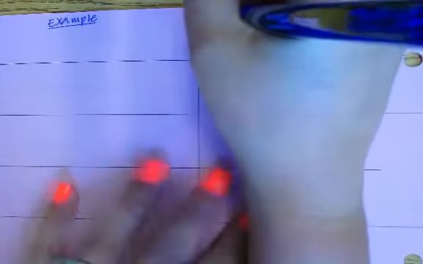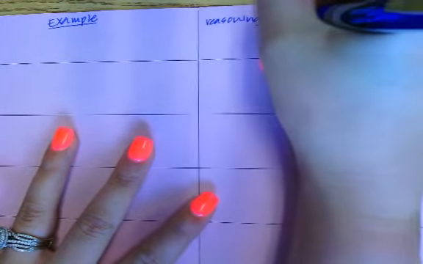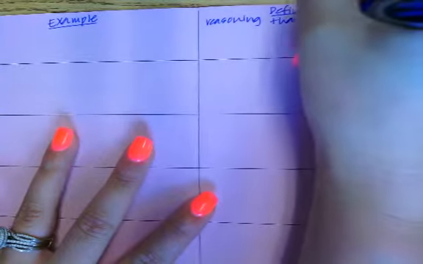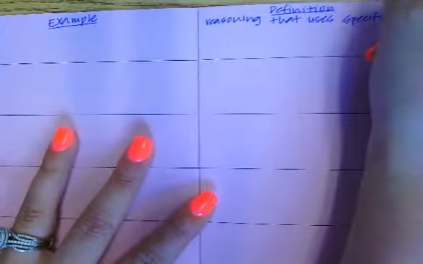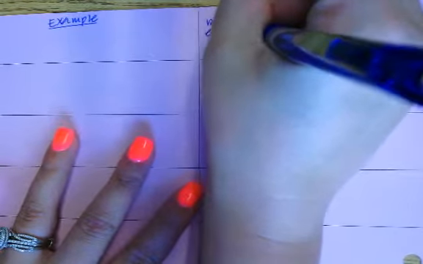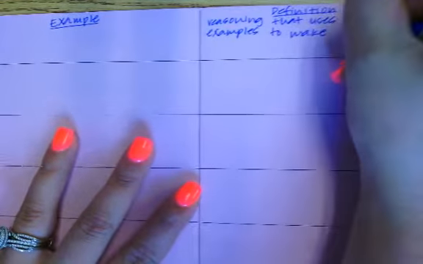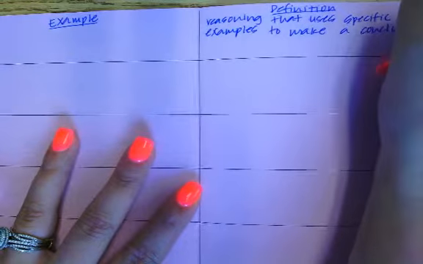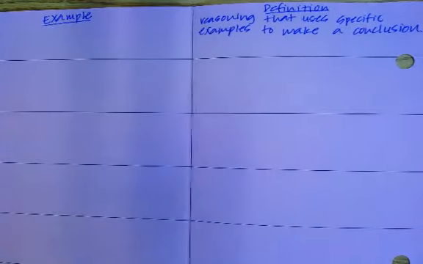The definition is reasoning that uses specific examples to make a conclusion. Okay, so reasoning that uses specific examples to make a conclusion.